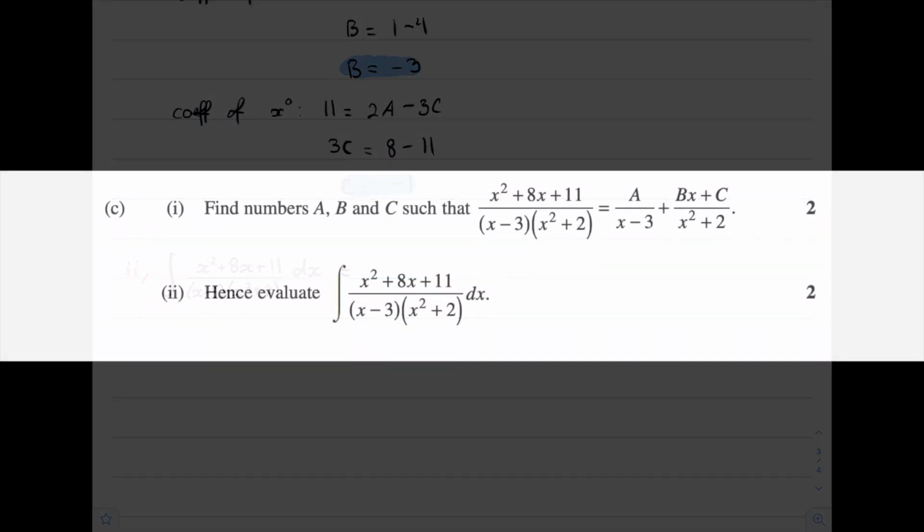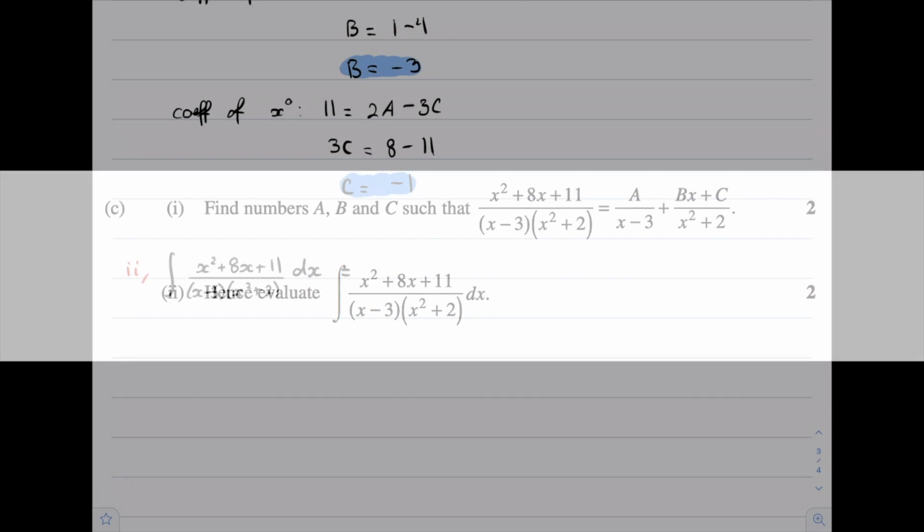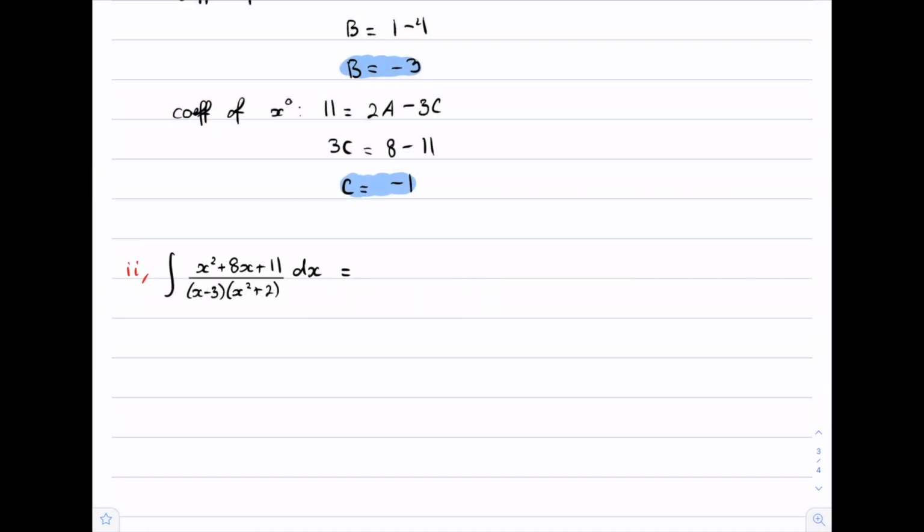Now part 2 says, hence evaluate the integral of x squared plus 8x plus 11 over x minus 3 x squared plus 2. So clearly, we need to use our partial fraction decomposition to help us integrate this. We want to rewrite our integrand, the thing being integrated, using what we've done just above.